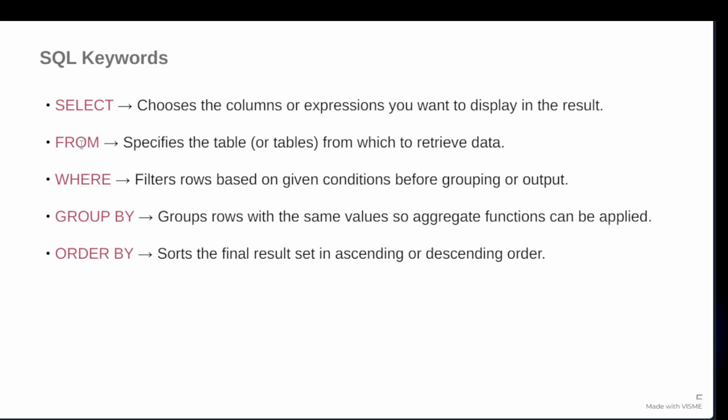Like we have SELECT, to select the columns we want to display in our result sheet, the FROM keyword which is used to specify the table name from which we want to get the data, the WHERE keyword which is used to filter the records by using conditions, the GROUP BY keyword to group similar kinds of data, and the ORDER BY keyword to order the data present in the table in ascending or descending order.